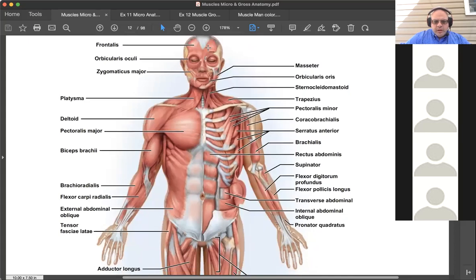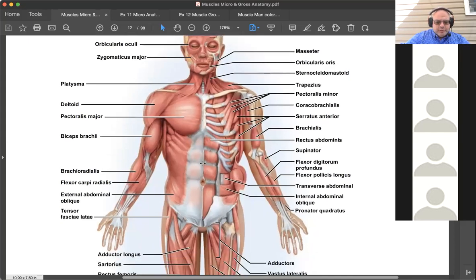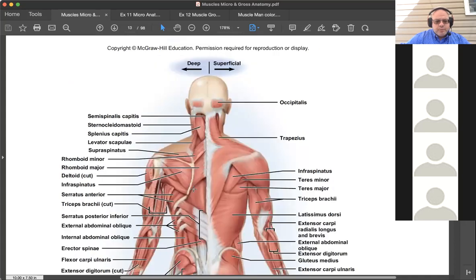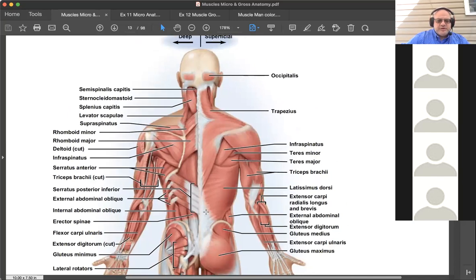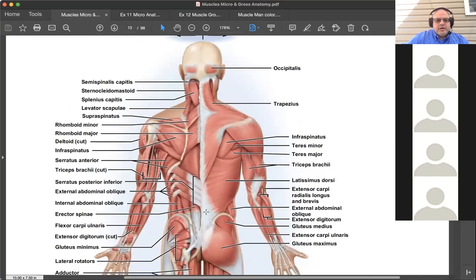No. Okay, so in some diagrams, it's not labeled on this one, but this white part here that you see covering the rectus abdominis, that would be the abdominal aponeurosis. We have the thoracolumbar aponeurosis in this region. If you see the big white patches, again, an aponeurosis is just where tendons get large and sheet-like.